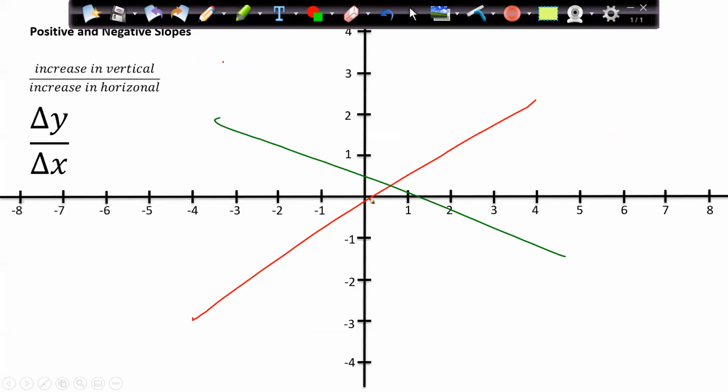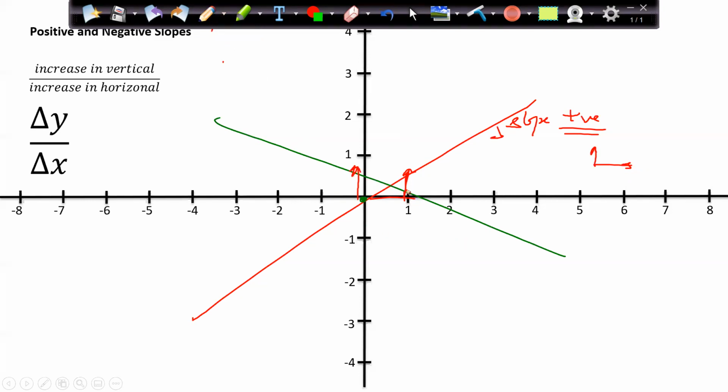Now let's say for this red line, when my x is increasing by 1 unit, my y is also increasing positively, right? It is increasing positively. So my slope is positive here. That means that when my x is increasing, my y is also increasing.